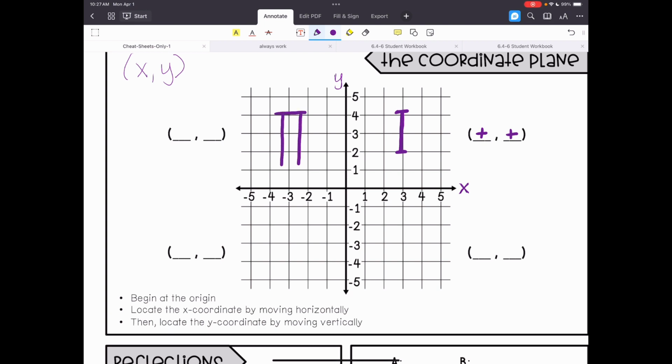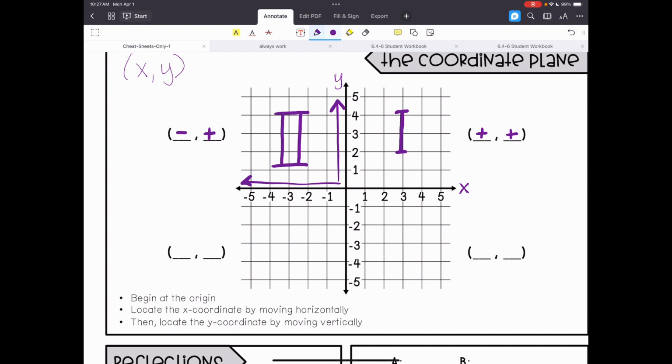Quadrant number 2 has a negative x value because we go back on the negative x, but then we go up to plot the second point, so that's a positive y value. So negative and positive. Just based on those signs, you can mentally track whether you're going left or right, up or down, to figure out what quadrant you're in if you're asked that question.